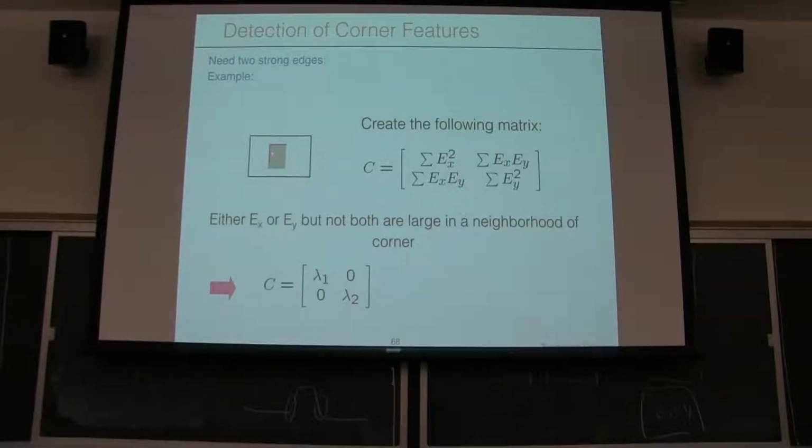What happens if I do it far from the corner, somewhere on the edge here? What does it look like? It is not 0. It's going to be all zeros except for x or y. So one of the elements in the diagonal will be non-zero, but the other one will be 0. So edges will not be diagonal matrices.